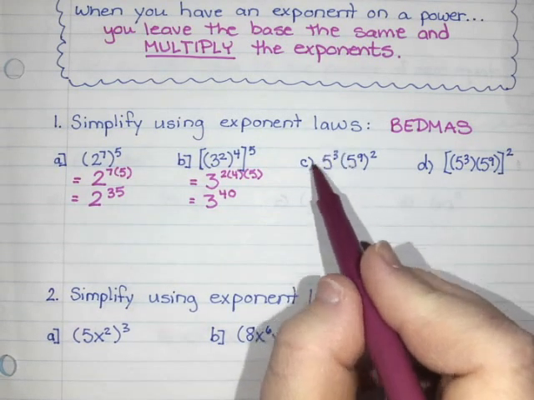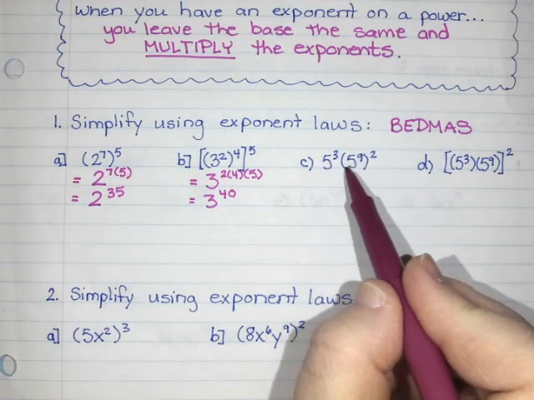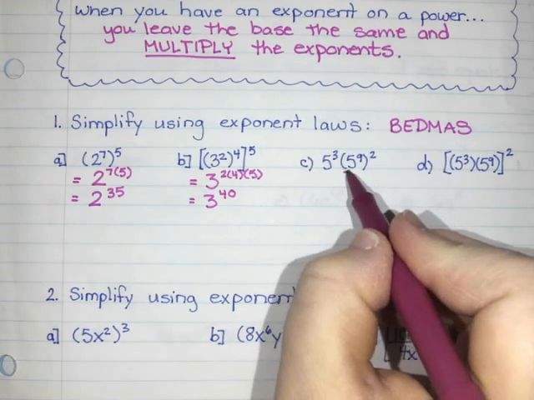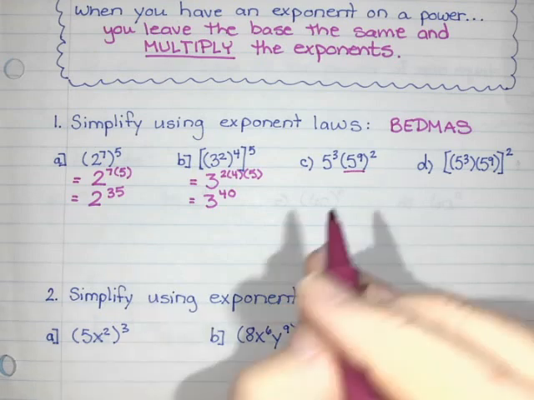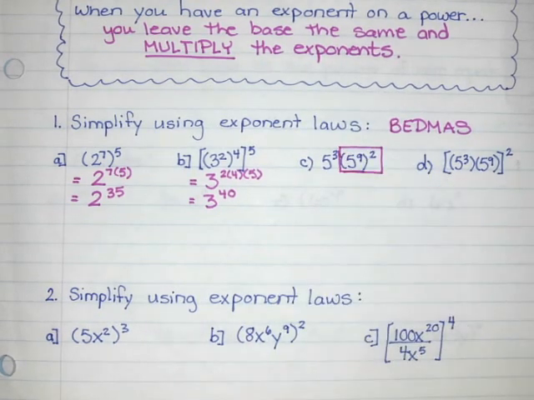So I notice I have 5 to the power of 3, and then that's being multiplied by 5 to the power of 9 to the power of 2. Now that power of 2 only applies to the 5 to the power of 9. This is the only part that is to the power of 2.